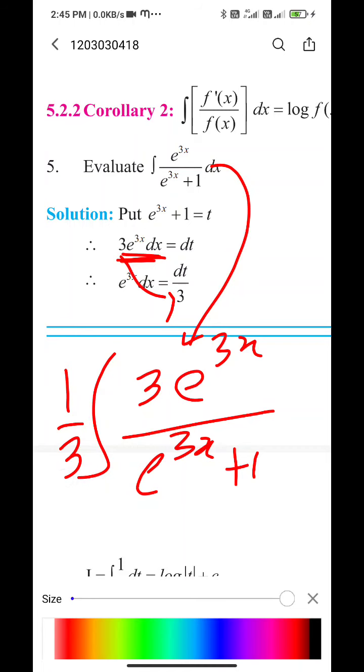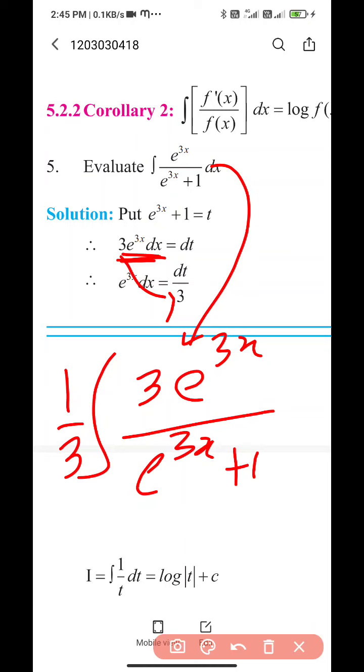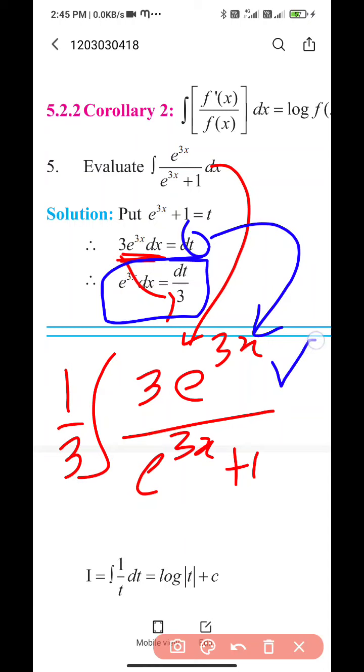Now see, why did I do that is by that I can put dt equal to 3 e raised to 3x dx directly by adjusting this, and you can omit this step. You can do any of these two methods, but I also find this method a bit easier, that's why I've explained it to you. So I'm explaining again.